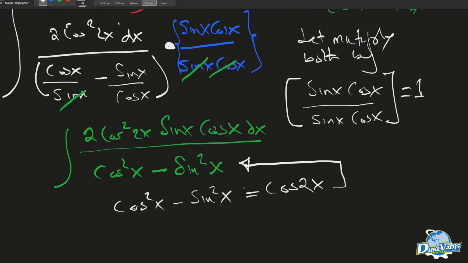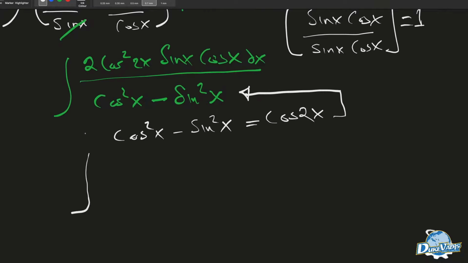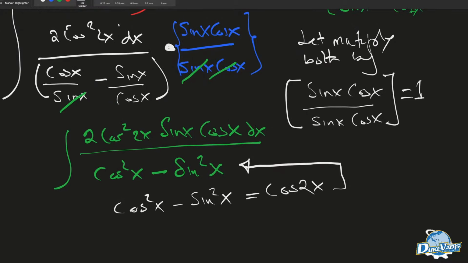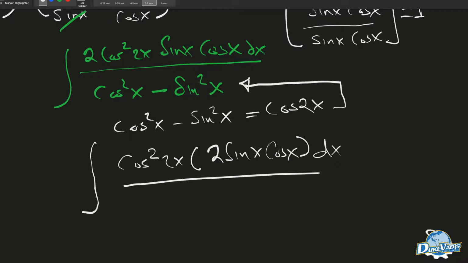After that, our integral sign, we know that the top one, we can say is cos squared 2x multiplying 2 sine x cos x in brackets dx all over cos 2x. Beautifully.